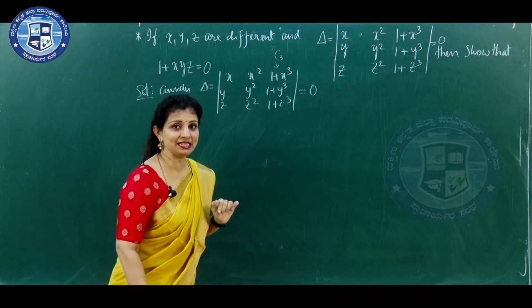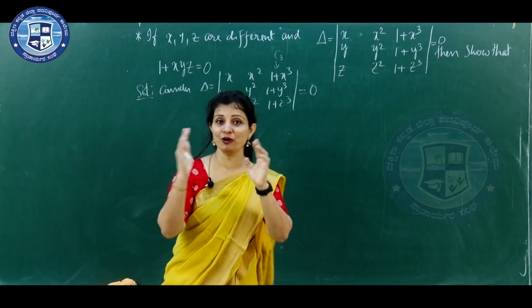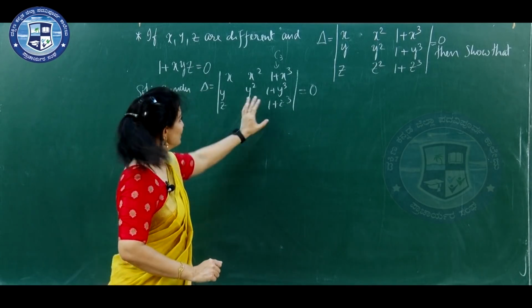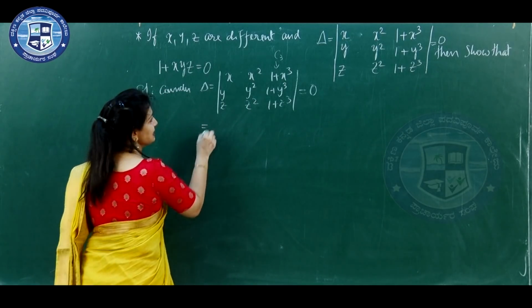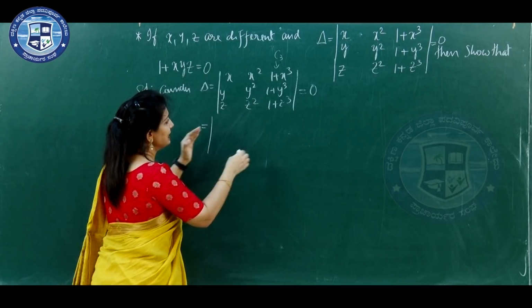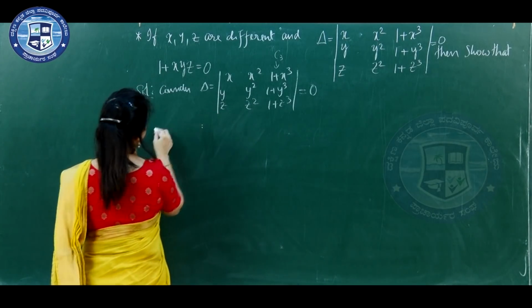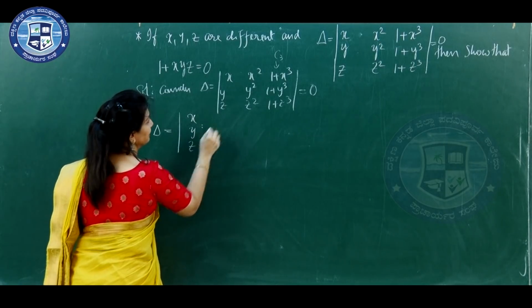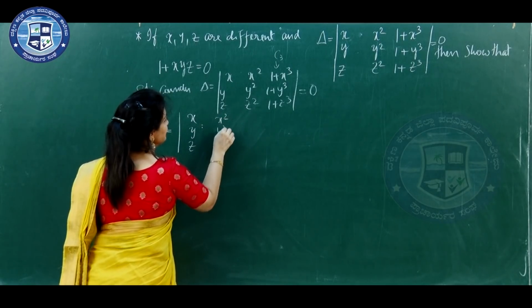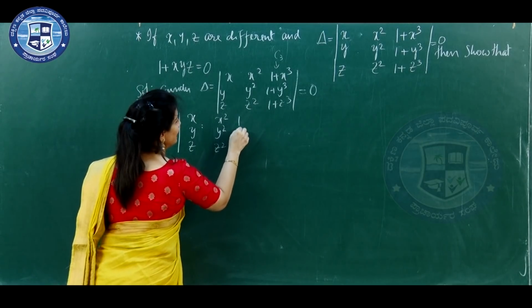As you know the property, it can be written as sum of 2 determinants. So this determinant can be written as sum of 2 determinants, which can be written as delta equals x y z, x square y square z square, 1 1 1.